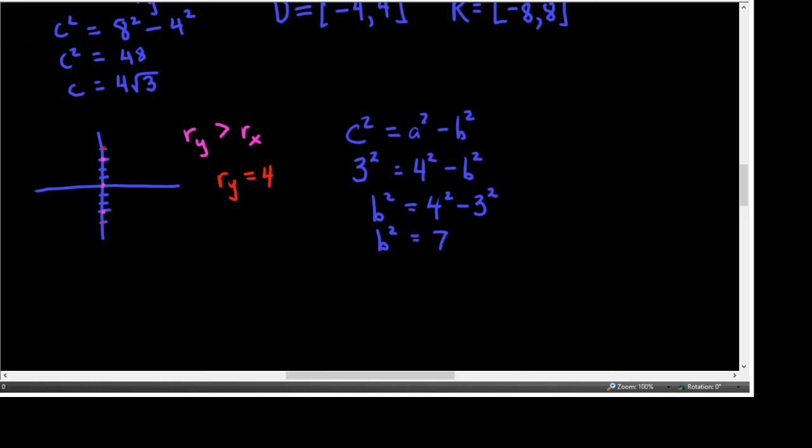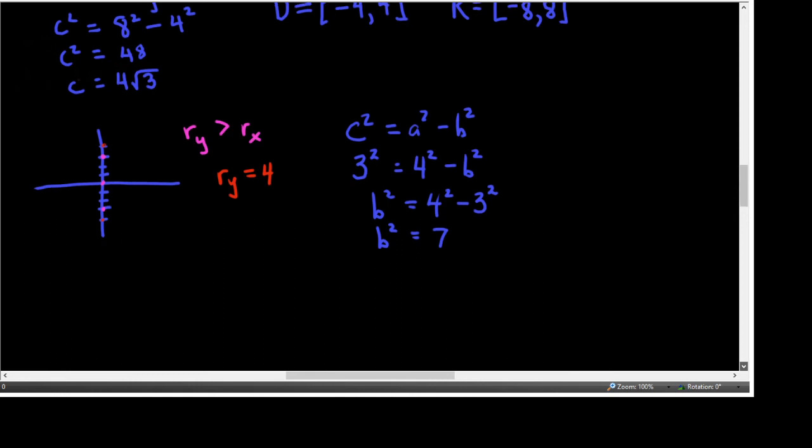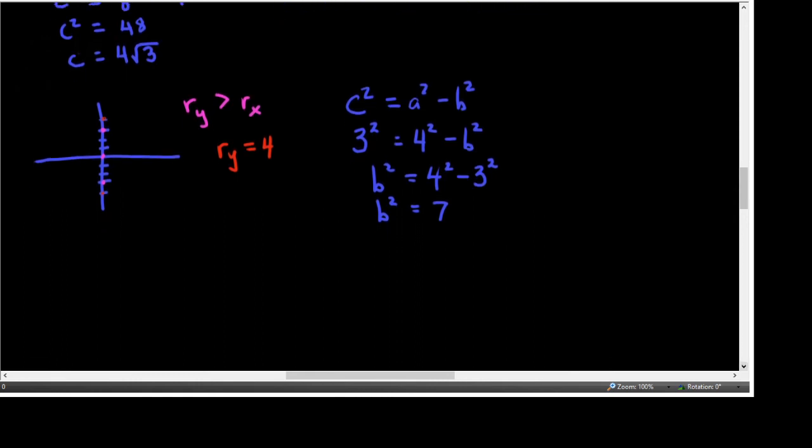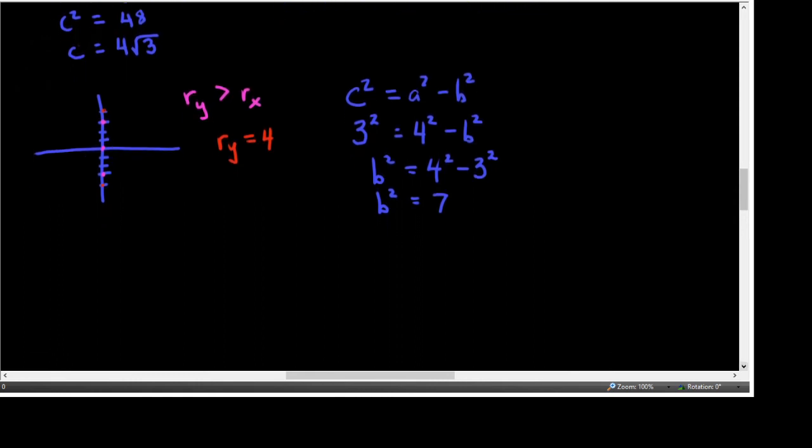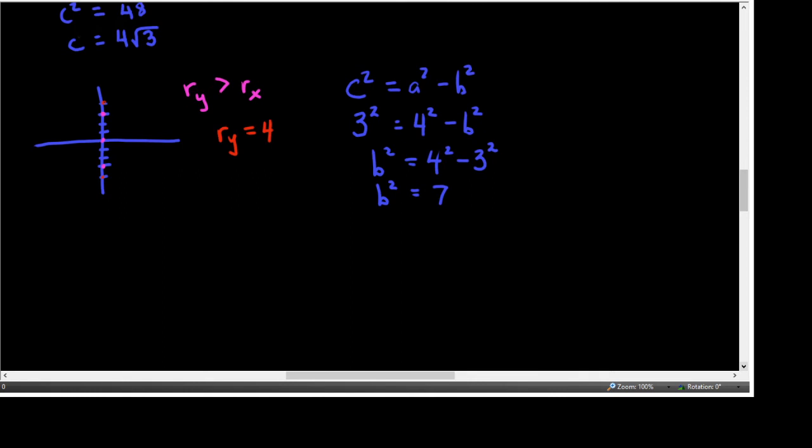You might notice I didn't solve for b because I don't need it, because the equation has the radius squared each time, and b squared is what would go into my equation, which in this case is r sub x squared, because b is the shorter distance, and we already determined that r sub x is the shorter one. So this is the r sub x that's being squared right there.